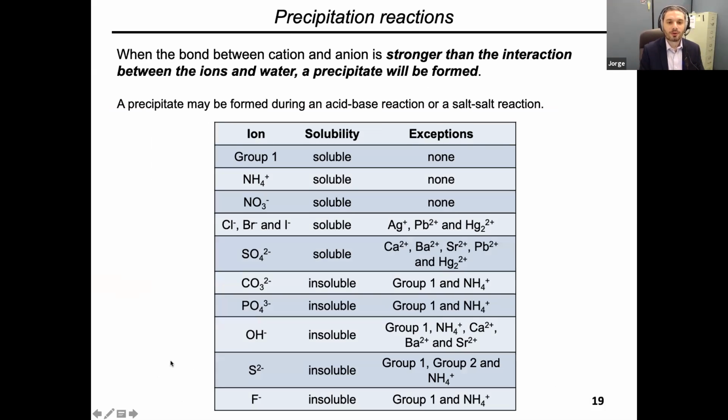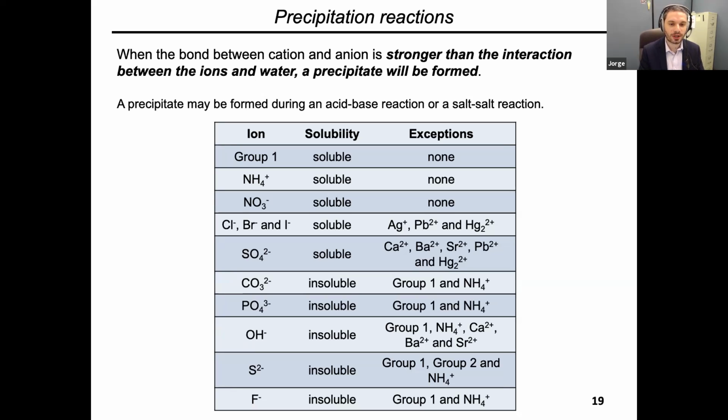What we are discussing here is acid-base reactions. Acid-base reactions are always a double displacement reaction, and the products are going to be a salt and water.